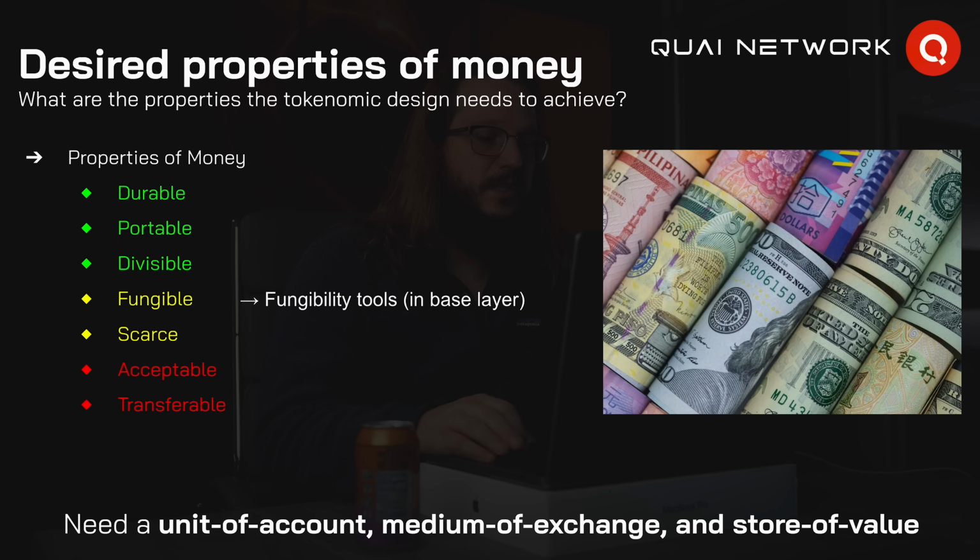So in terms of focusing on those, we need to create fungibility tools, specifically in the base layer if we want to have fungibility in the system. To achieve scarcity, we need a long-term economically sustainable model. Specifically here, if we look at Bitcoin, everyone says that there's 21 million Bitcoin and there will only ever be 21 million Bitcoin.